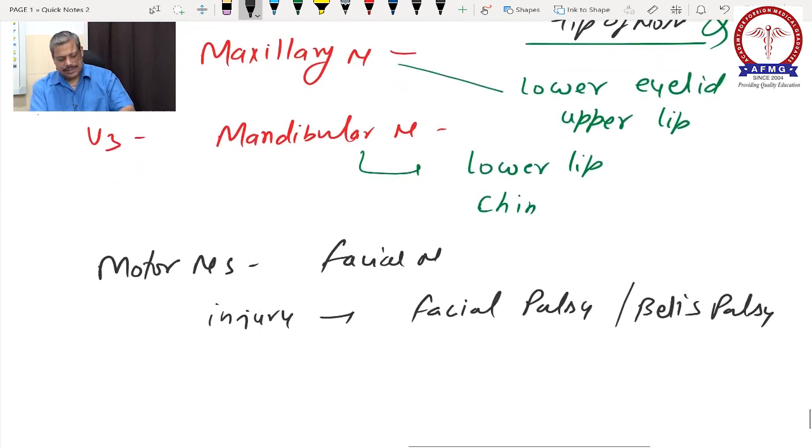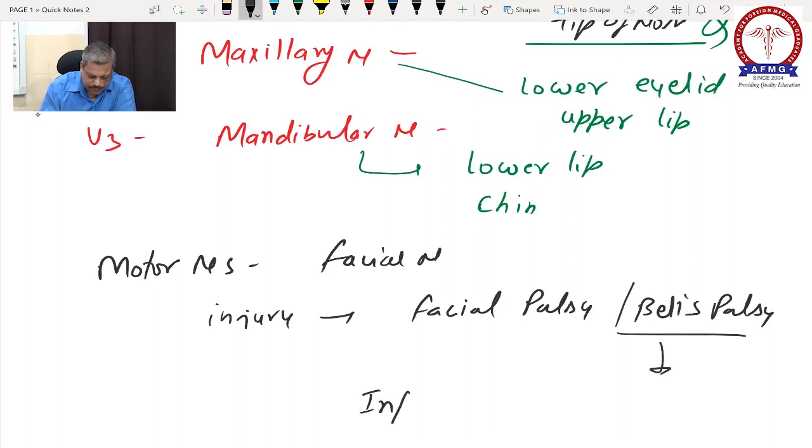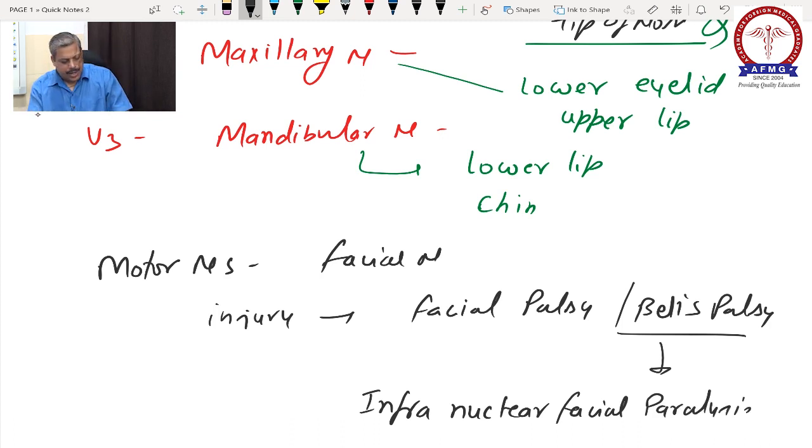Technically, Bell's palsy is an infranuclear facial paralysis.